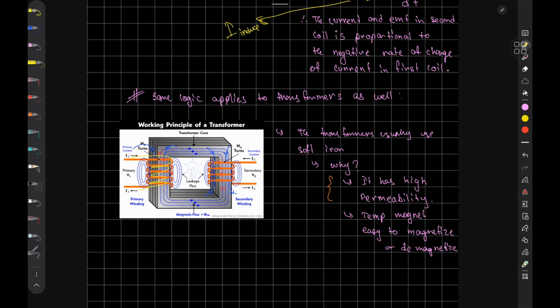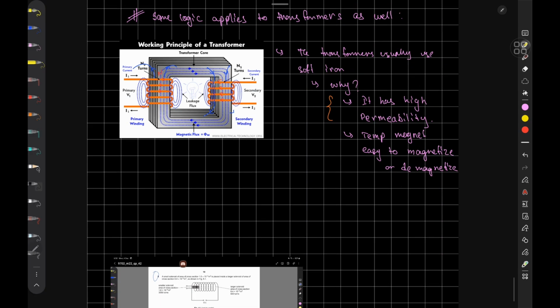You have alternating current through it, so the magnetic field varies, and as the magnetic field varies, the flux through the secondary coil changes, and as the flux through the secondary coil changes, you have an EMF induced, right? And that is why you have a certain EMF or current in the secondary coil.